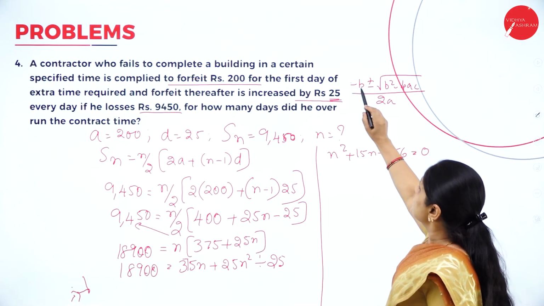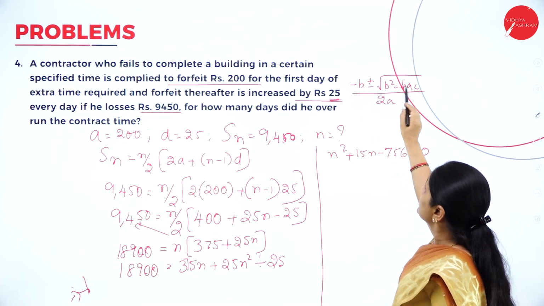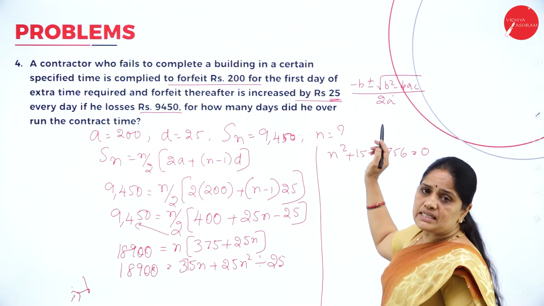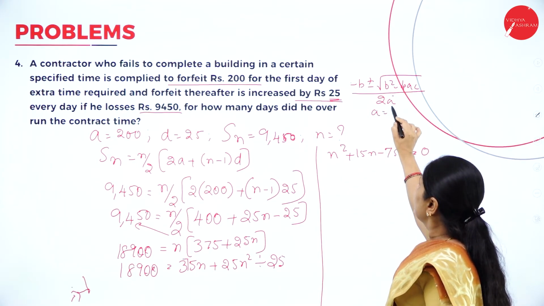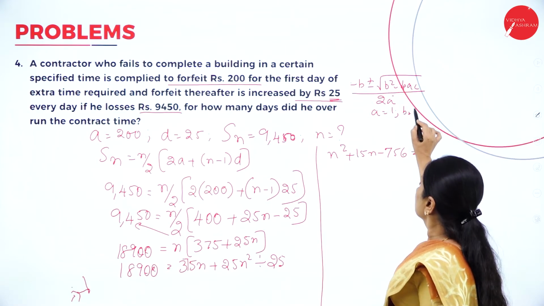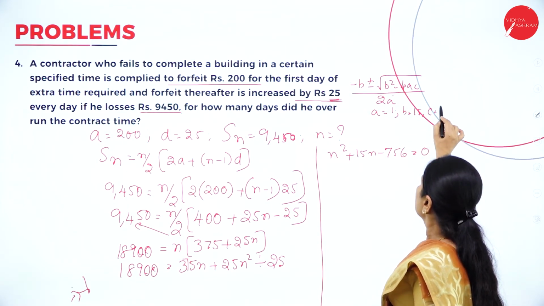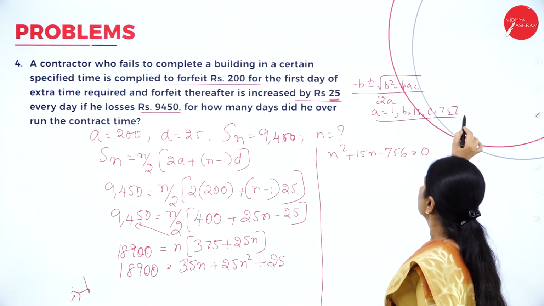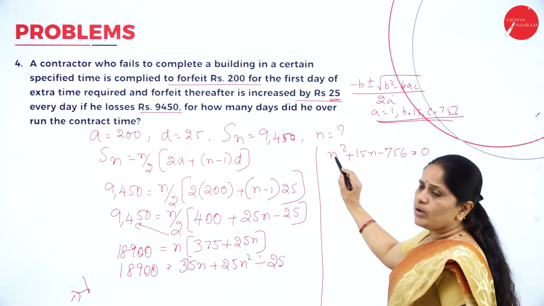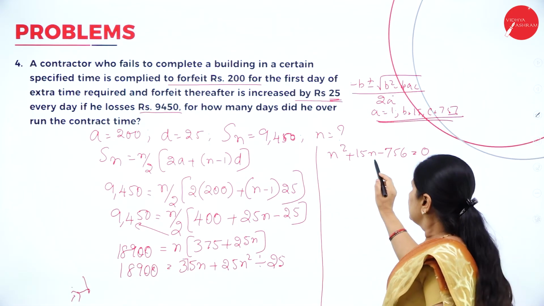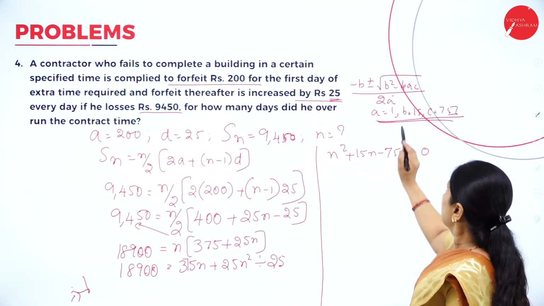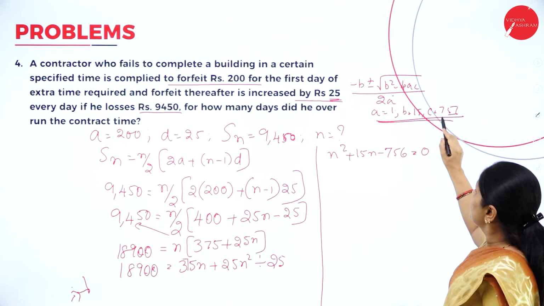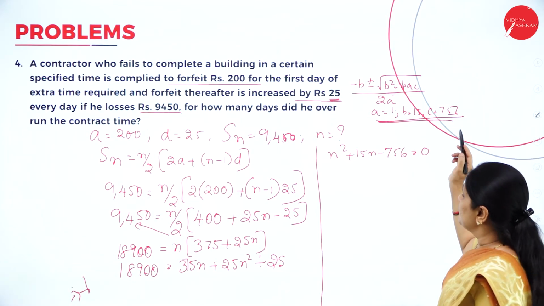Now, here a equals 1, b equals 15, c equals 756. So here the coefficient of the first term, the coefficient of the second term, and the constant. So a equals 1, b equals 15, c equals 756.